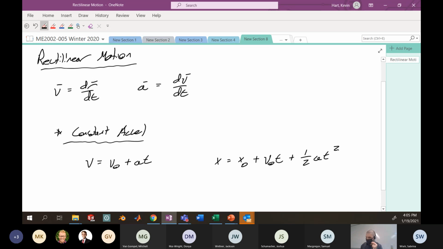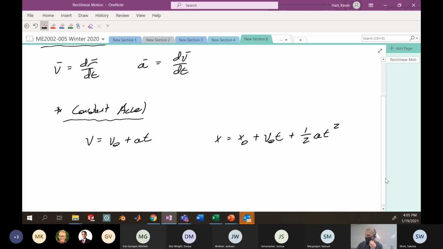We saw this guy, and that was derived using velocity as dx dt in conjunction with some previous information. And finally, we also saw a relationship between velocity, acceleration, and position, which was velocity squared is initial velocity squared plus 2 times acceleration times x minus x0.